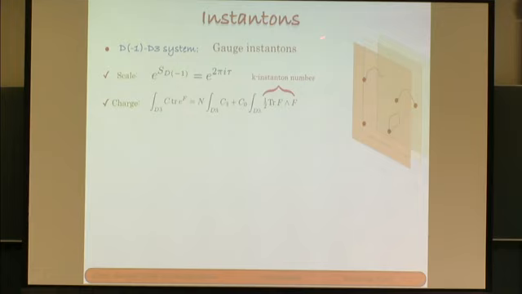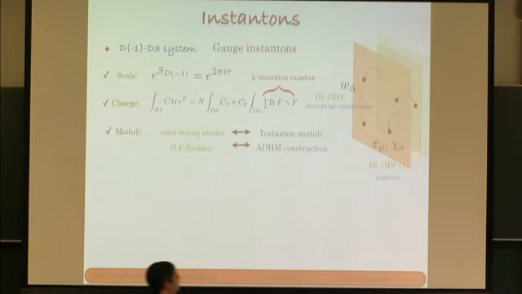Therefore, you can identify an instanton configuration with charge K with K D(-1) branes. This identification is even more impressive if you consider the modes of the open strings connecting the D(-1) to the D3 branes. In particular, there are two types of modes, one coming from D(-1) to D3, and one coming from D(-1) to D(-1). This one you can identify with the position of the D(-1) branes, and this one with the size or the gauge orientation of the instanton.